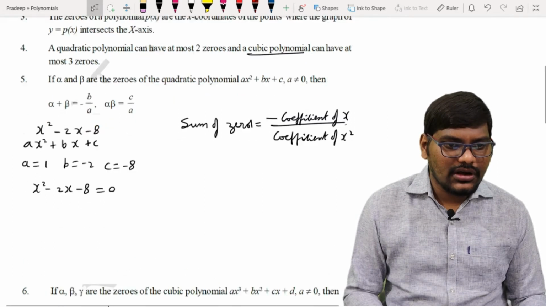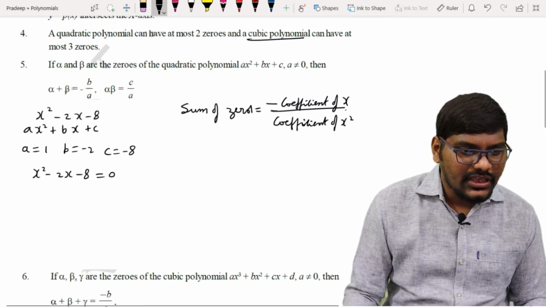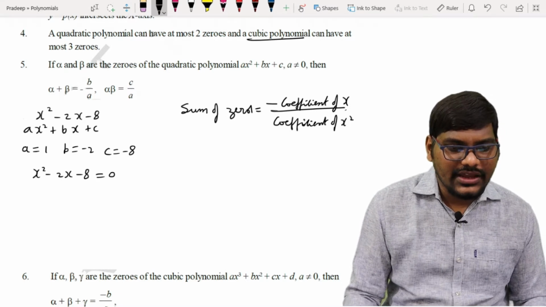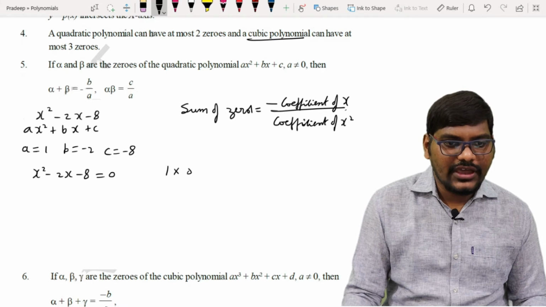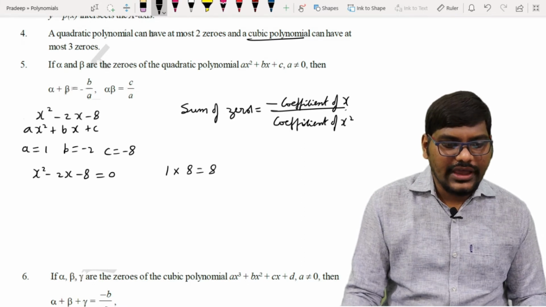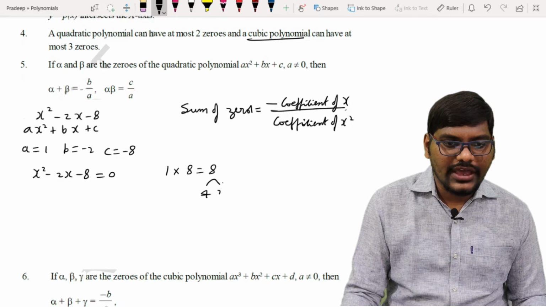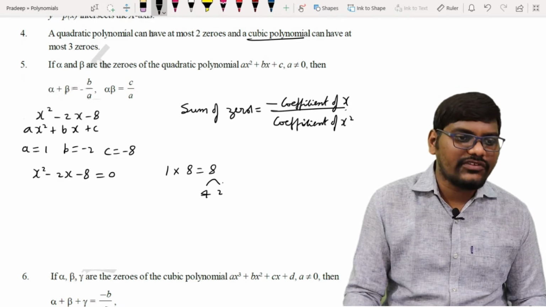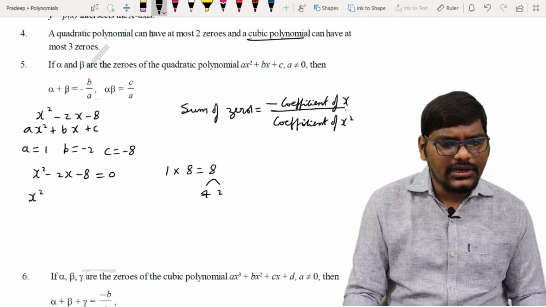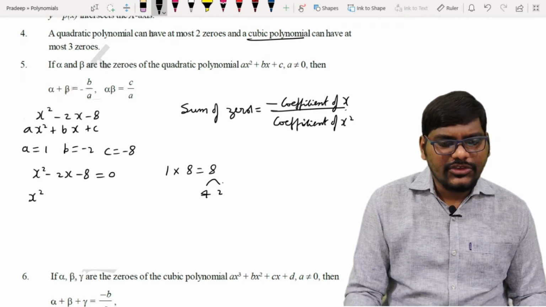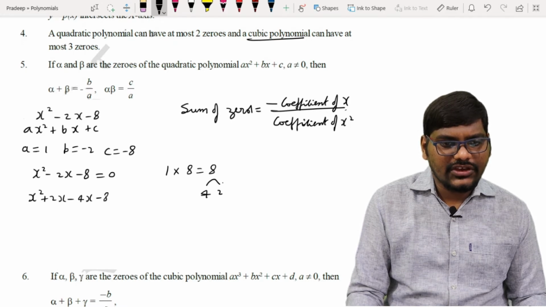I'll make a little more space. Here is the coefficient 1 and here is the constant 8. So 1 into 8 is 8. So 8 we can take as 4 twos are 8, which is even satisfying the middle term also. So I can write x square plus 2x minus 4x minus 8 equal to 0.